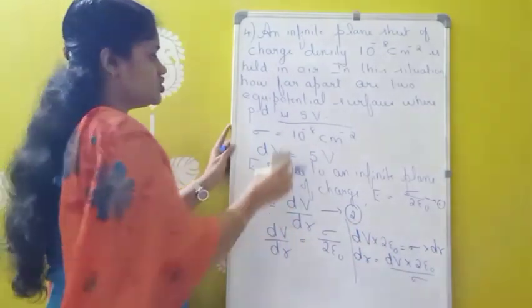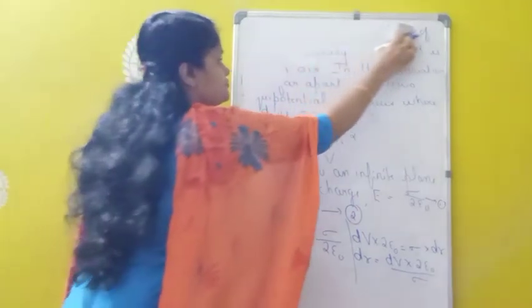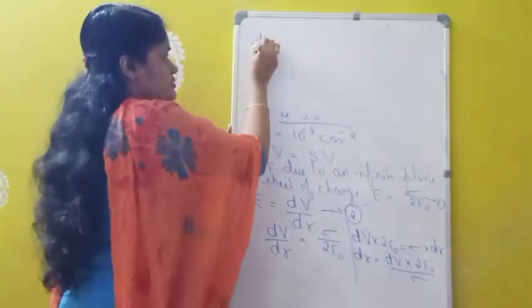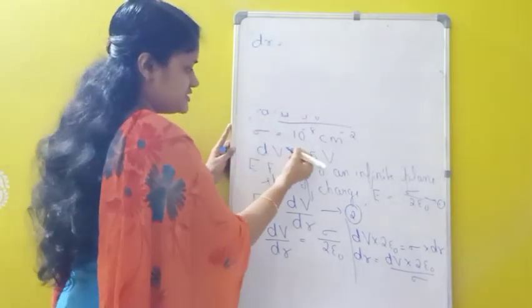Now we can substitute the values. dr equals, what is the potential difference? That is given as 5.